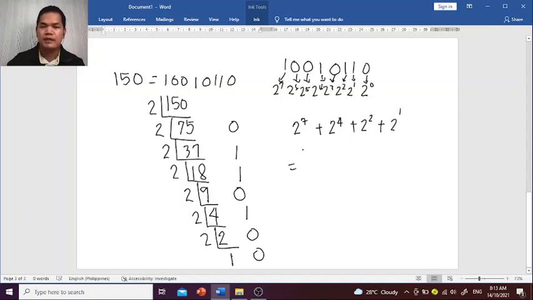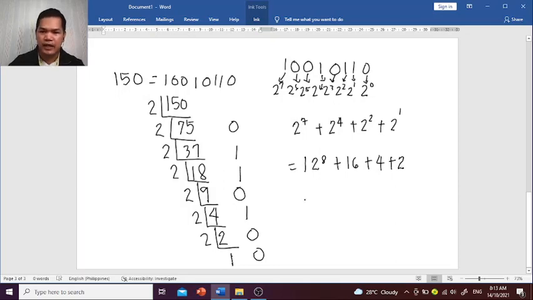So 2 to the 7 power is 2 times 2, 4, 8, 16, 32, 64, and 128. So that's 128. Then 2 to the fourth power is 16. Then 2 squared is 4. And then 2 to the first power is 2.